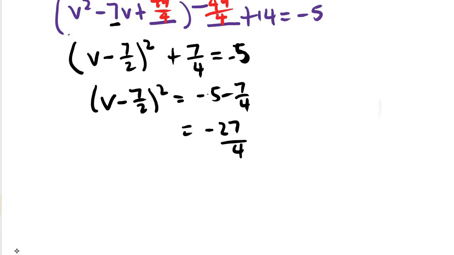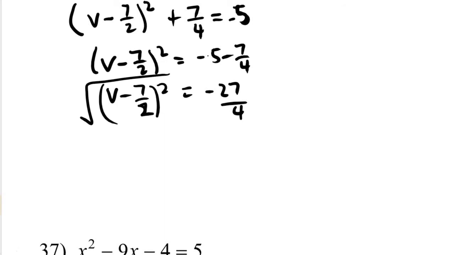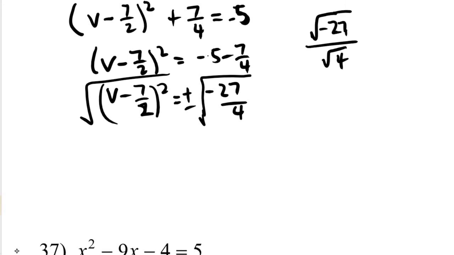And now we can actually take the square root of both sides, and use plus or minus. Okay, now we're going to have to do the right side in two parts. So we're going to do it like this: square root of negative 27 over the square root of 4.